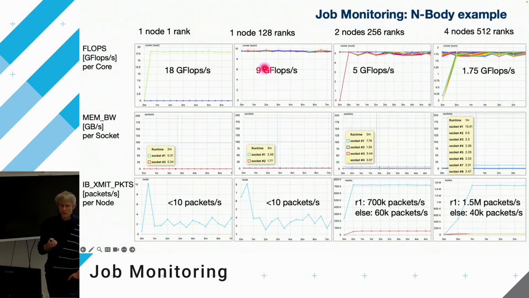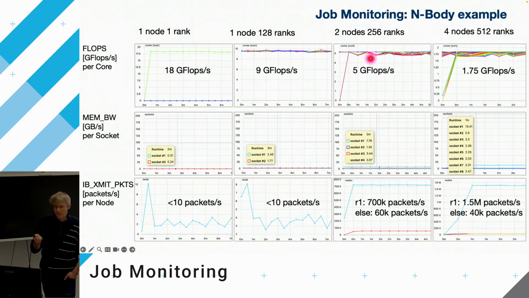Now, when we increase it to 128 ranks, this is then one full node, we see that the performance drops to 9 gigaflops. This can also be a little bit because of the reduced frequency. But we also see here a little increase in the memory bandwidth.